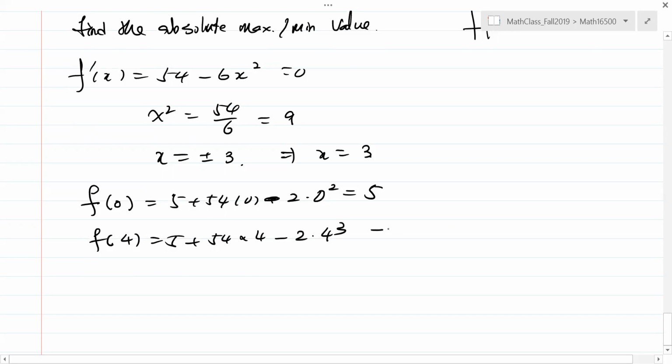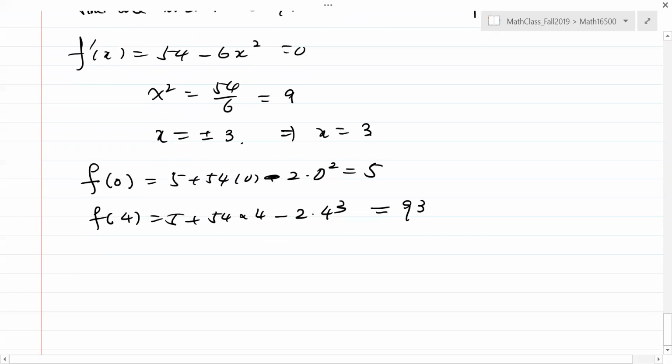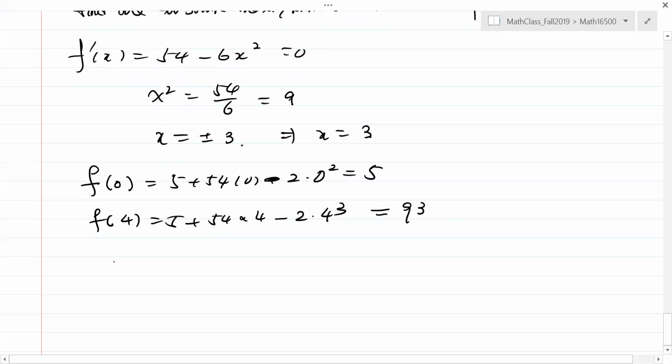We can simplify that; I think it's 93. Then we have to look at the value at the critical number: 5 plus 54 times 3 minus 2 times 3 cubed, and the answer is going to be 130.